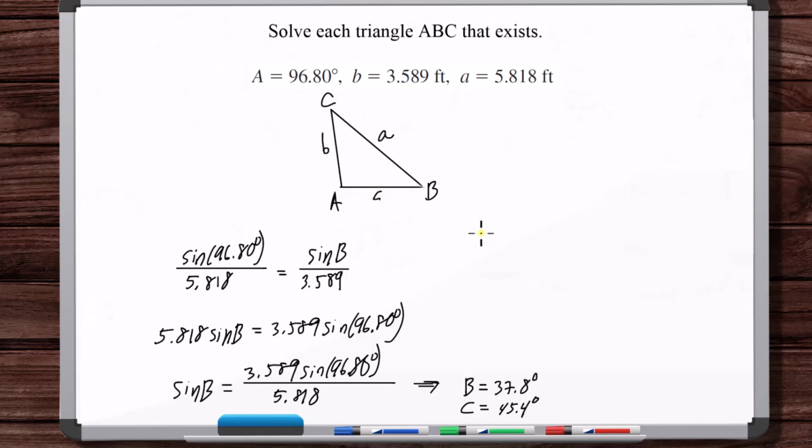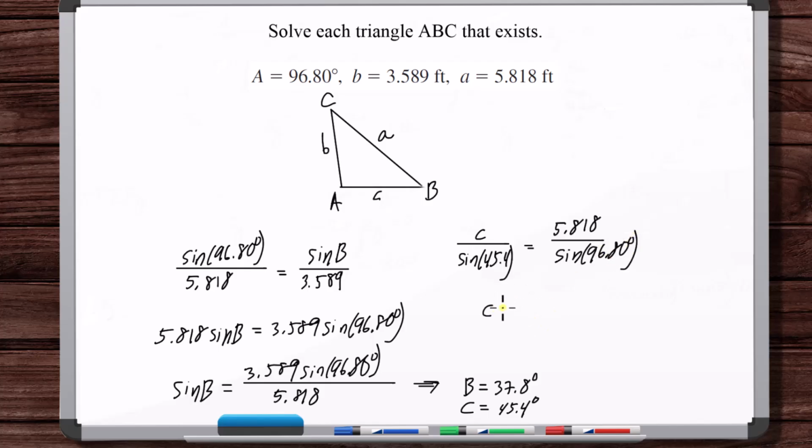So side length C over sine of 45.4 is equal to, now we just pick any other pair, but it's good practice to use values that you're given. So we could do 5.818 over sine of A. It doesn't really matter, but because of rounding, you'd rather use the values that are given instead of the intermediate ones that you calculate.